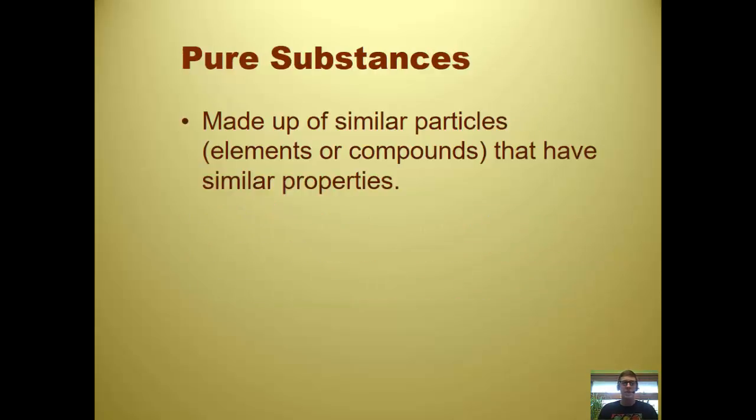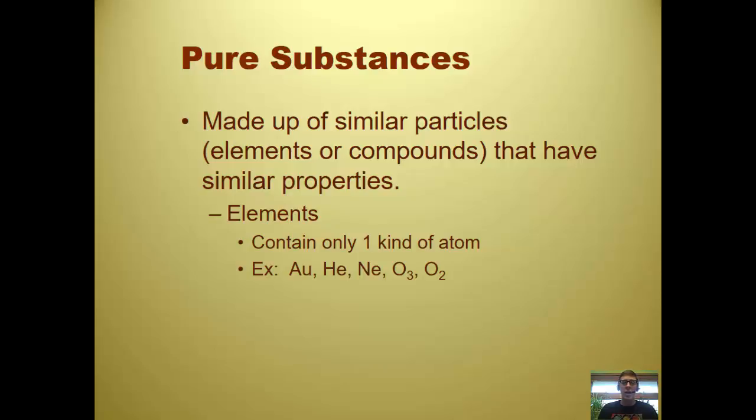Pure substances. They're made up of similar particles, elements or compounds, and remember compounds are just elements chemically combined. Elements only have one kind of atom, for example gold, helium, neon. It could be oxygen gas, or it could be ozone, that's O3.